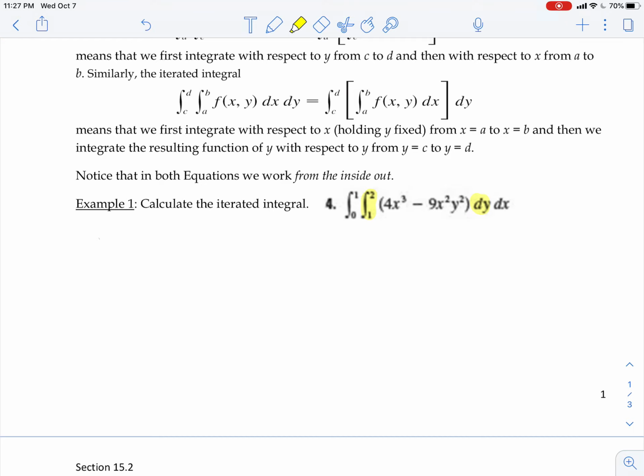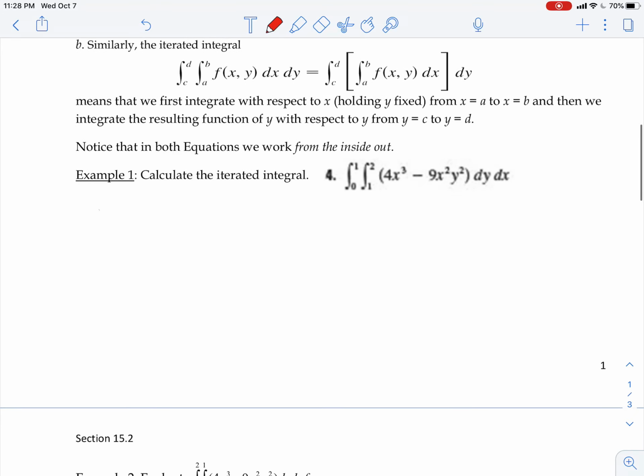Now let's do that. Again, this isn't something that's going to be very difficult. We're just going to integrate with respect to whatever variable they want us to integrate with first. So we have 0 to 1 on the outside, and I'm going to integrate this with respect to y.